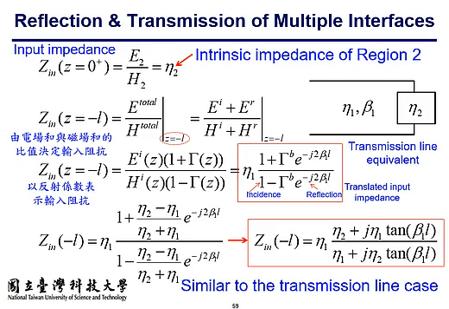As you can see here, it is a composition of eta 1 and eta 2, and the tangent of beta 1 L. That's something you should keep in mind. You don't have to memorize it, but you have to keep in mind that the reflection coefficient can be translated, and the input impedance can be translated as well.